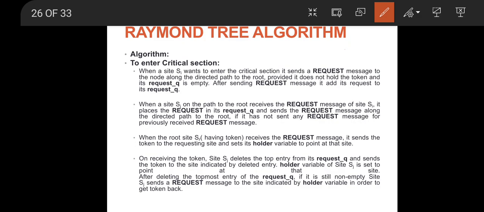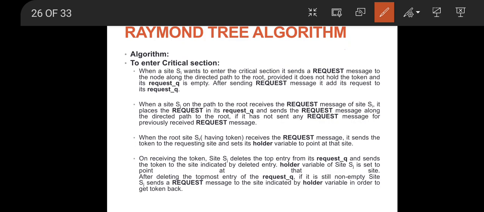So what happens in this algorithm is that if a site wants to enter the critical section, it will create a request message, and it will send that request message only if it has not previously sent any other request message. If it has already sent another site's request message or its own previous request message which is not yet satisfied, then the new request message will not be forwarded to the next step. That will be stored in the request queue.